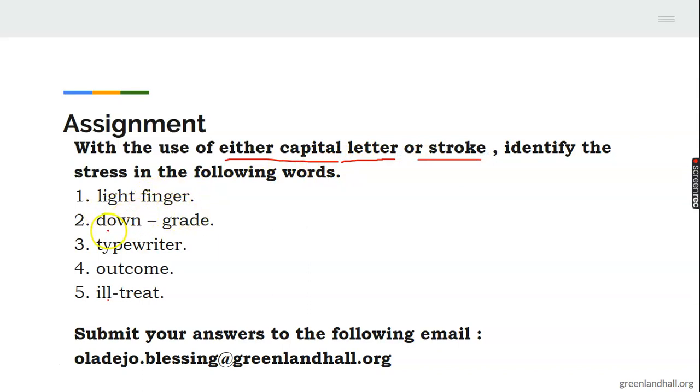Light finger, downgrade, typewriter, outcome, illiterate. So you do the assignment and submit your answers to the following email. Make sure when you are writing out the email, you don't make mistakes. Check through it and be sure you are correct.